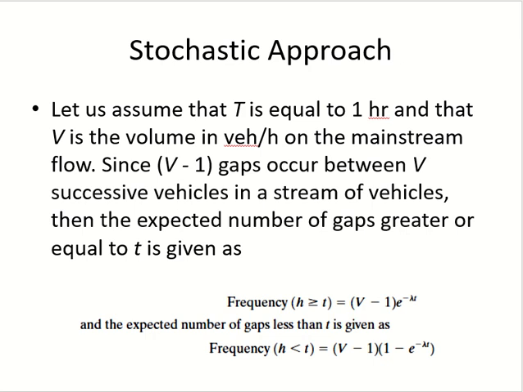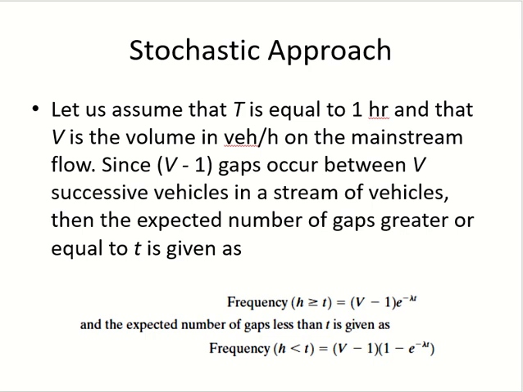Now, if I put, let's say, 3 lines on the board, how many gaps are there between the lines? 2. If there are 3 lines, the number of gaps is 2.